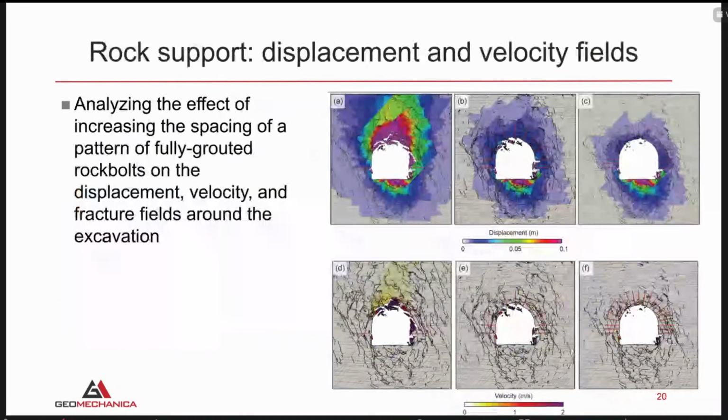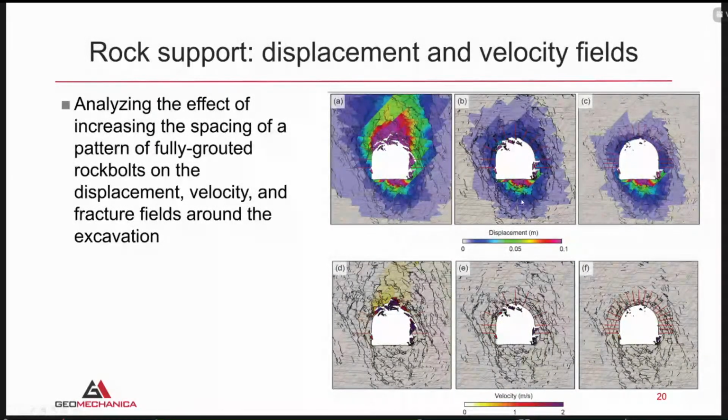So we started by adding fully grouted rock bolts, and we studied the effect of increasing the spacing in between them. So how many of these rock bolts we have, and as you see, as you increase the number of rock bolts, you are stabilizing the rock mass.